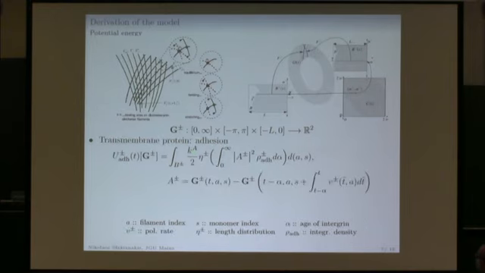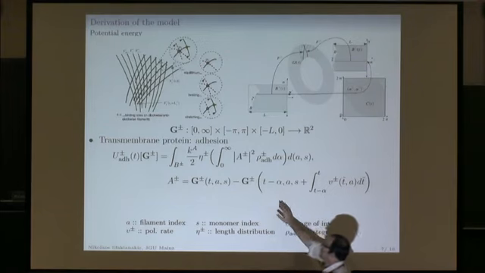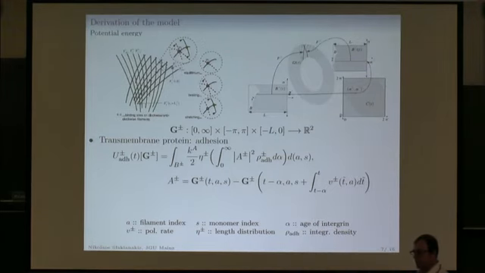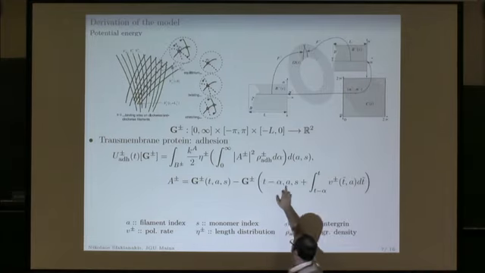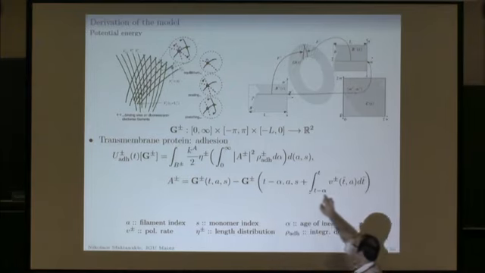So this is a simpler case. More complicated case is the adhesion with the substrate. How do you work through that? You work through that with the following assumption. At a given time in the past, t minus alpha, a cross-link or a connection to the substrate was created on the filament A and on the monomer given by this index over here.